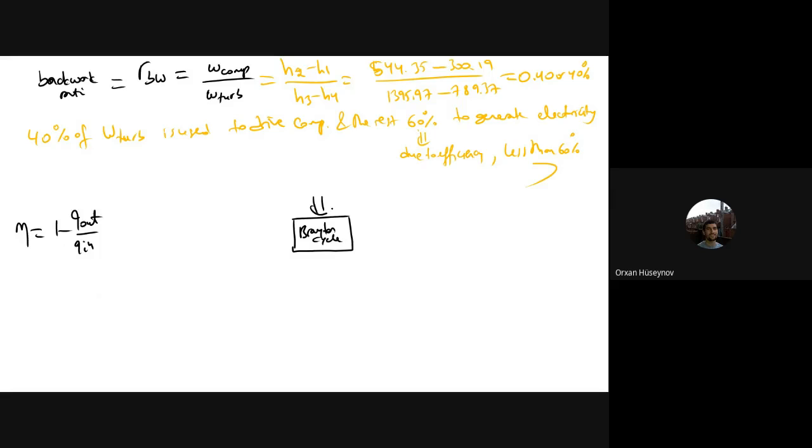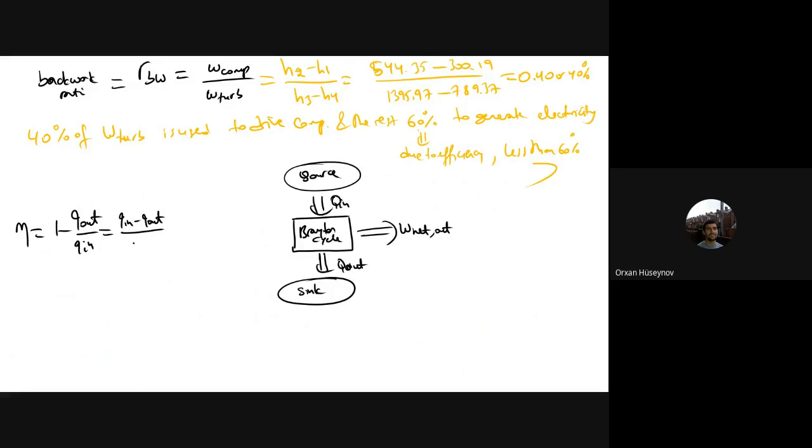For that Brayton cycle, you have a source and a sink, and then here you have the net work. For the source, you have Q in. For the sink, you have Q out. So efficiency will be equal to 1 minus Q out by Q in, which can be written as Q in minus Q out divided by Q in.